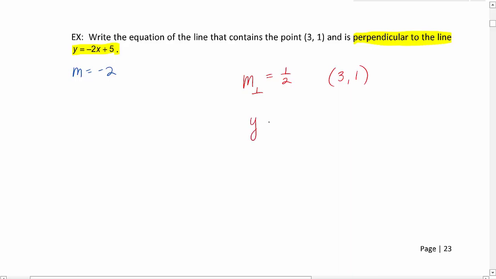I'm going to use point-slope form. y minus 1 equals 1/2 times x minus 3. y minus 1 equals 1/2 x minus 3/2. And adding my 1 over, we get y equals 1/2 x minus 1/2.